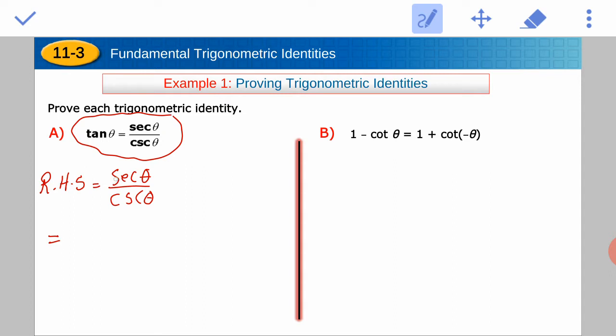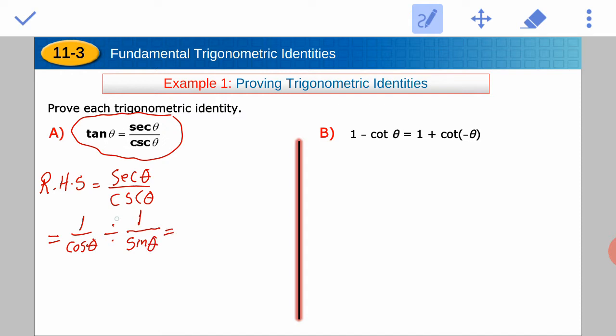Everybody knows that sec is the reciprocal of cosine. So I can replace this numerator with 1 over cosine theta. Let me replace this fraction bar with the division symbol. Cosecant theta is the reciprocal of sine. It's 1 over sine theta.